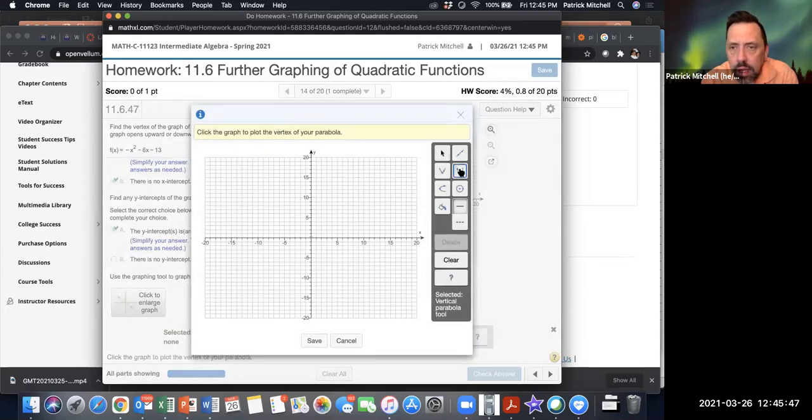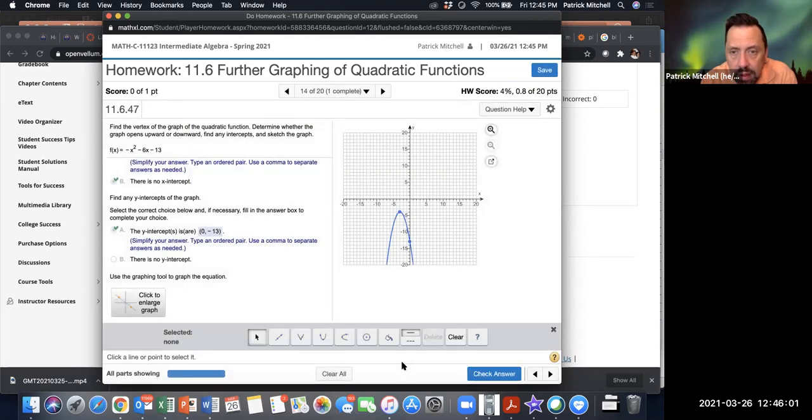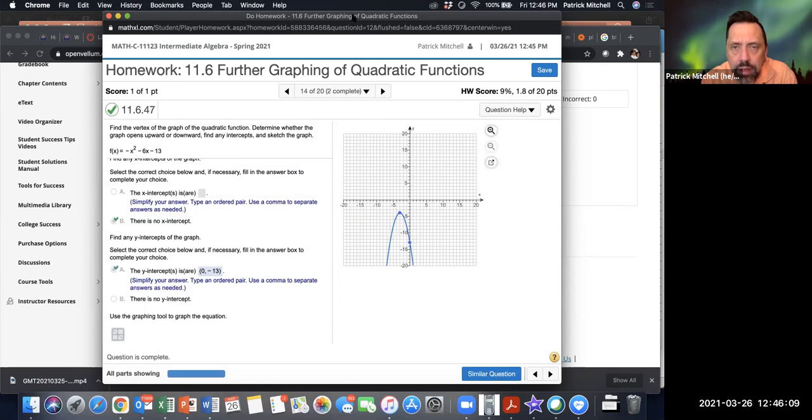Okay, vertical parabola tool. Start with the vertex, which is -3, -4. And I guess I'll plot the y-intercept as my other point right there. Notice there are no x-intercepts. Woohoo! All right. Back to the presentation.